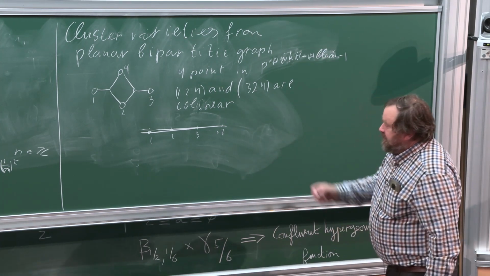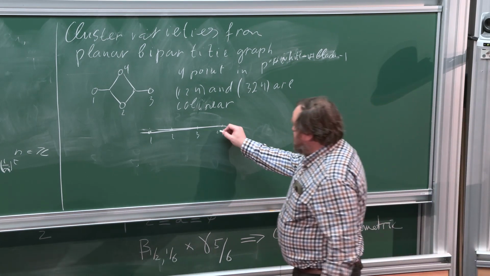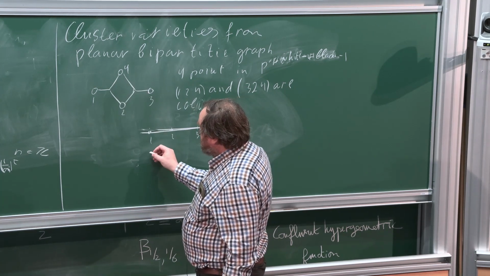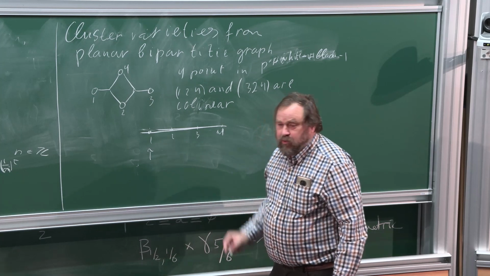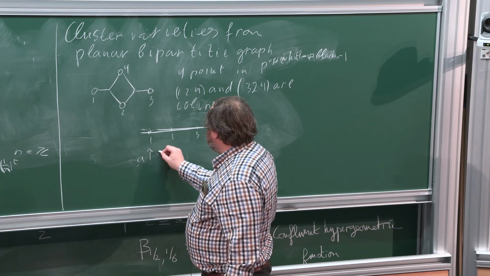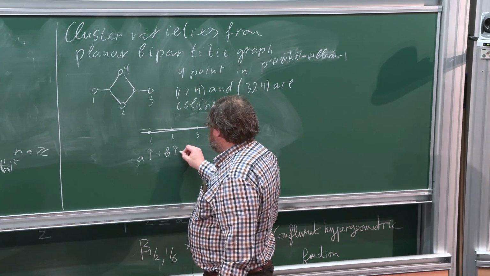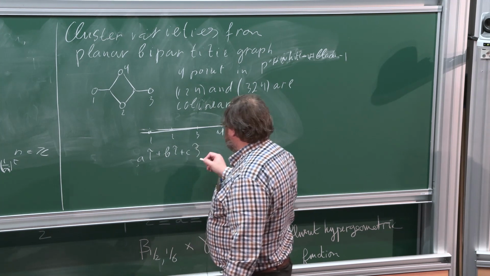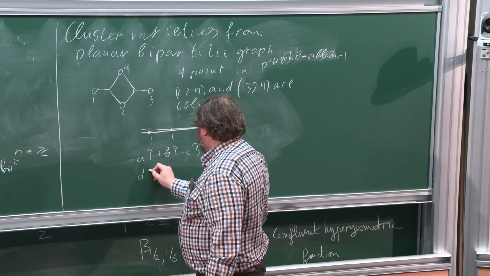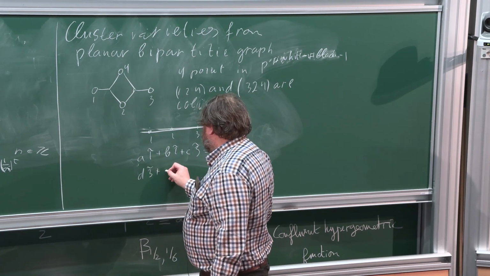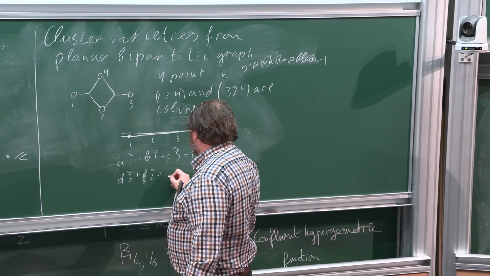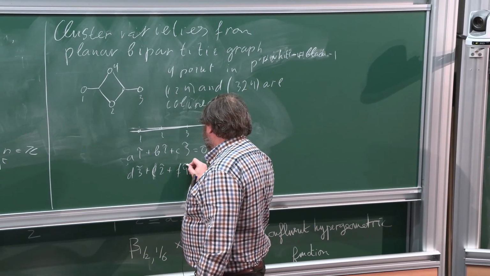And how do you choose coordinates? Since we lift it to the vector space, we have 1 tilde as a vector corresponding to this point in the projective space. Of course you have, say, A times 1 plus B times 2 plus C times 3 non-trivially equal to 0, and D times 3 plus E times 2 plus F times 4 equals 0.